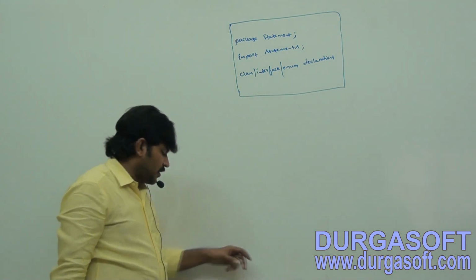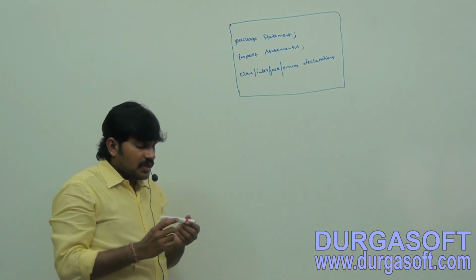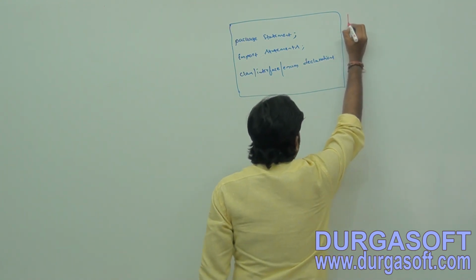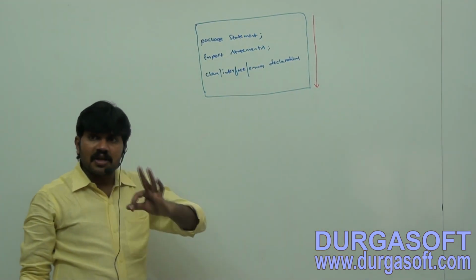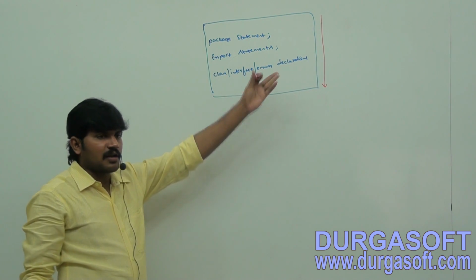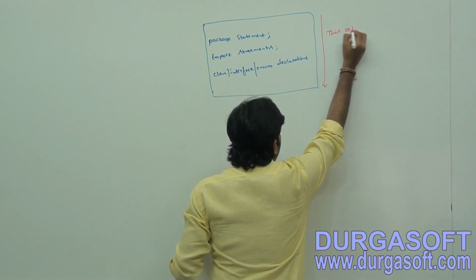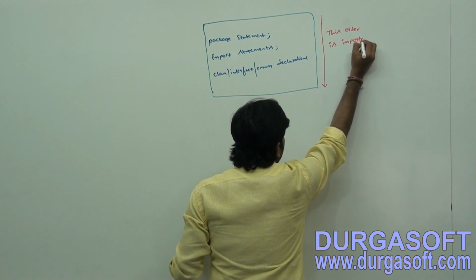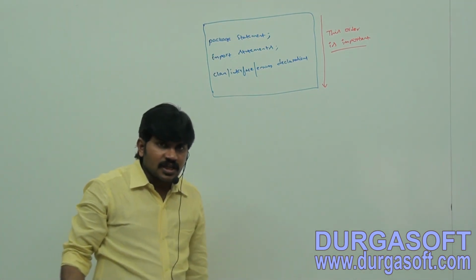But here the point is, can I say this order is important or not? Because first package, then import, then class or interface or enum. This order is important.